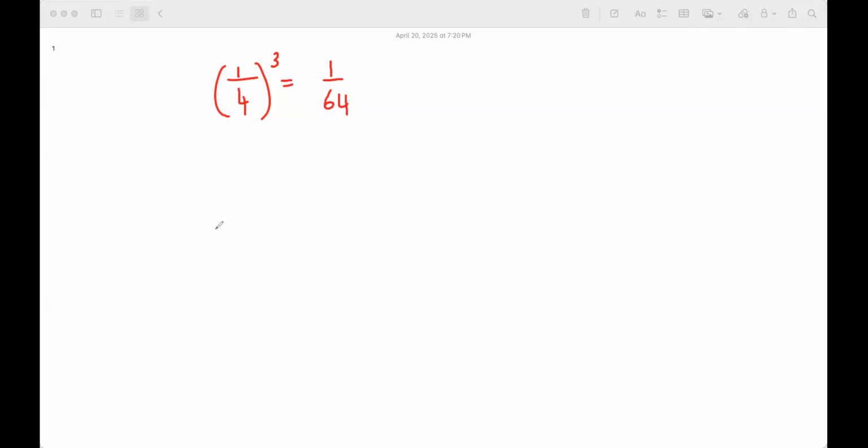Sitara, would you like to? I'm not sure how to do this. Okay, no problem. Parvini, you want to try? Sure. Log 1/64 base 1/4 is equal to 3.